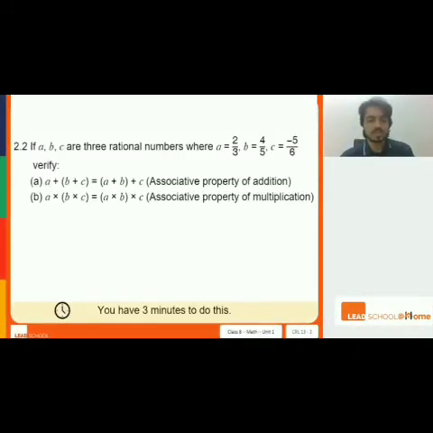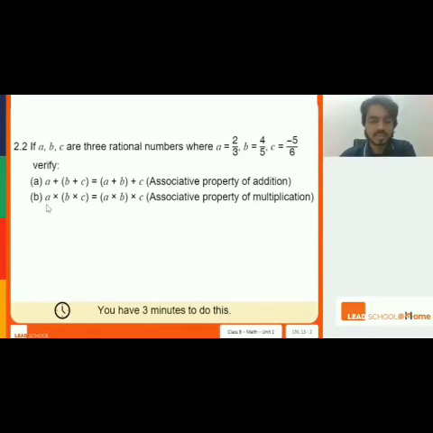So the first question is, if A, B, C are three rational numbers where A is equal to 2 by 3, B is equal to 4 by 5 and C is equal to negative 5 by 6, then you have to verify if (A + B) + C is equal to A + (B + C).